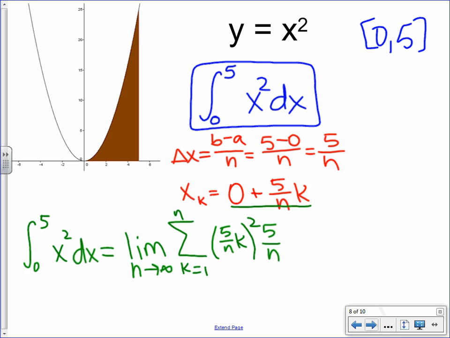We have to think about where we start. If it wasn't 0, say it was 2, then this would be 2 plus 5 over n k, being squared, times delta x.